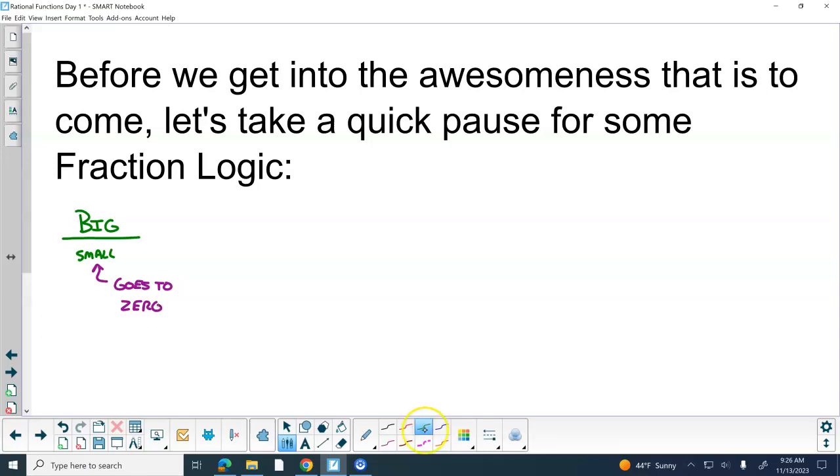It's getting so huge that it's really going to go to what? Because if we divide by 0.01, now I'm at 10,000. If I divide by 0.001, now I'm at 100,000. Right? Oh, you already got it.